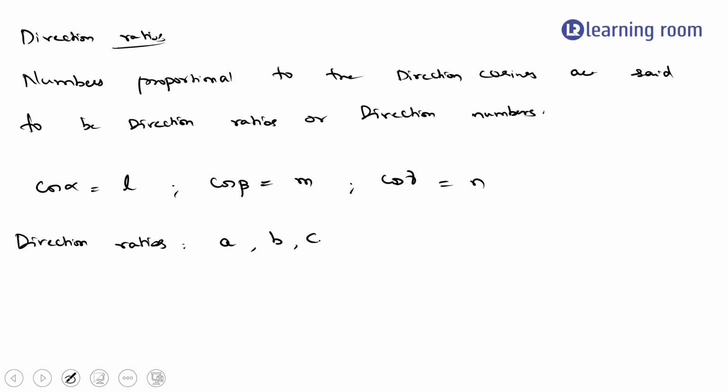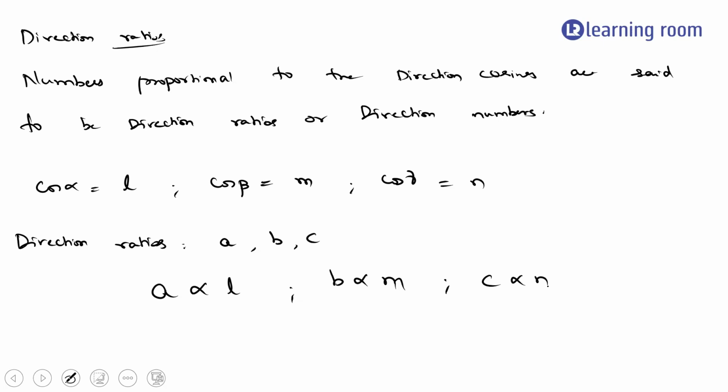And from the definition of direction ratios, a is directly proportional to l, b is proportional to m, and c is proportional to n.